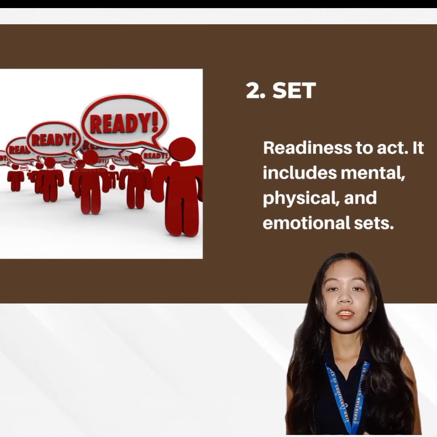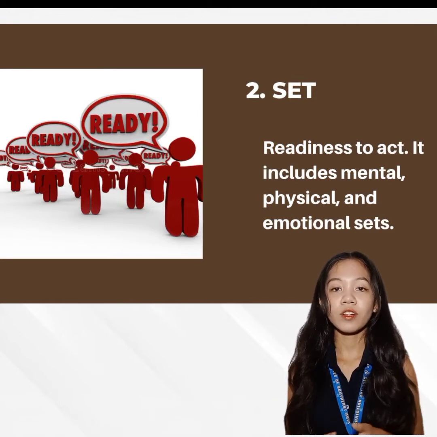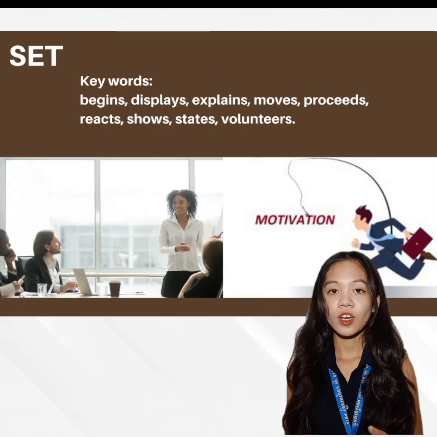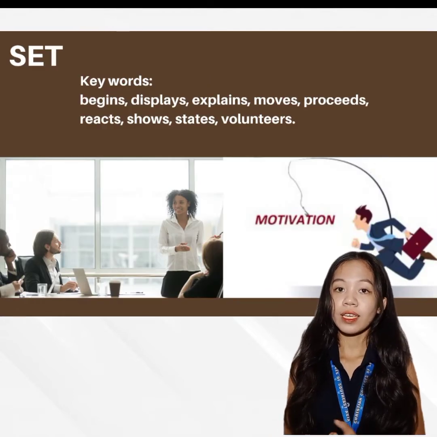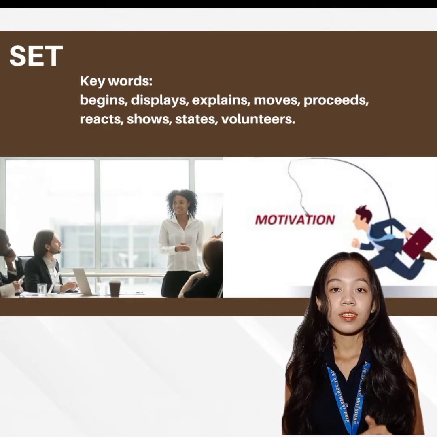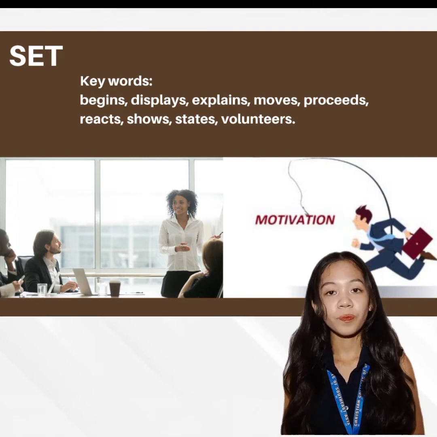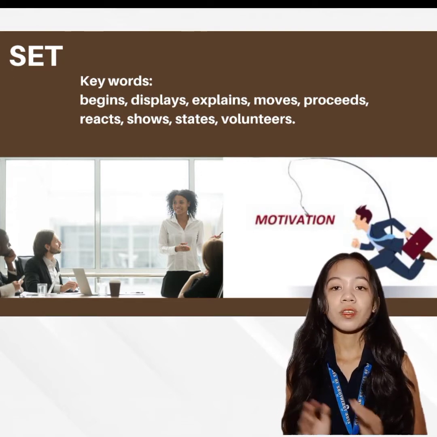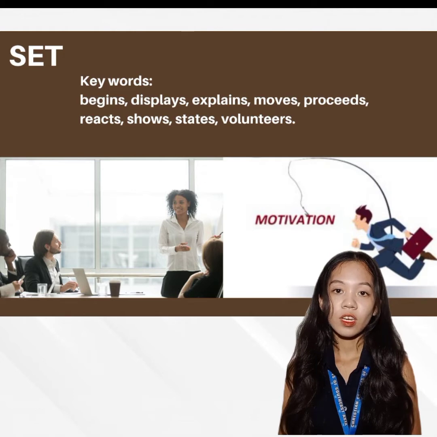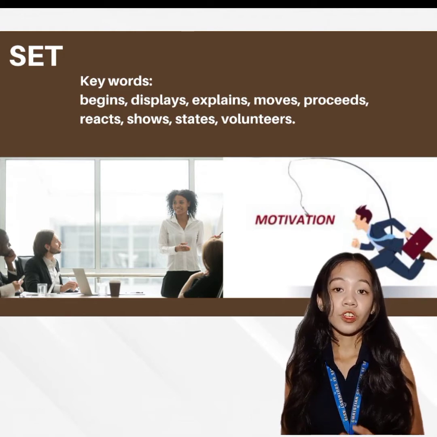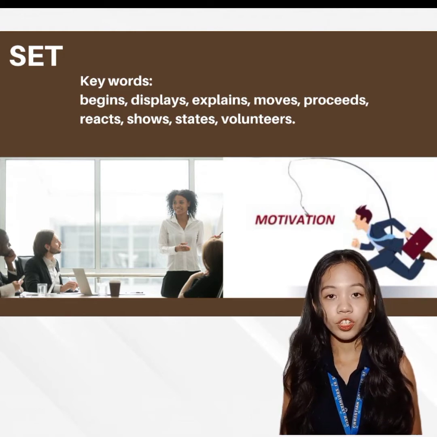Next one is set. It is the readiness to act. It includes mental, physical, and emotional sets. For examples, knows and acts upon a sequence of steps in a manufacturing process, recognizes one's abilities and limitations, and shows desire to learn a new process, or motivation.